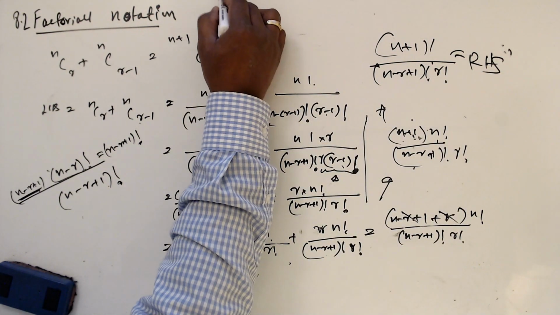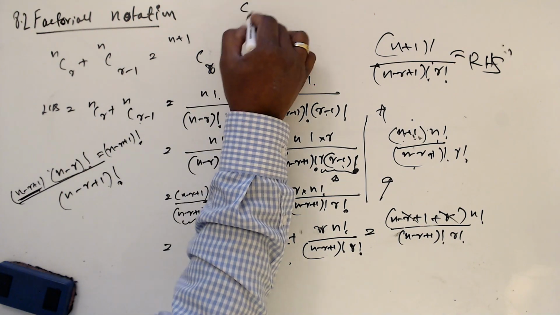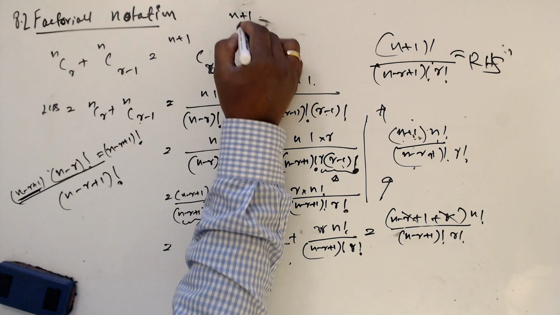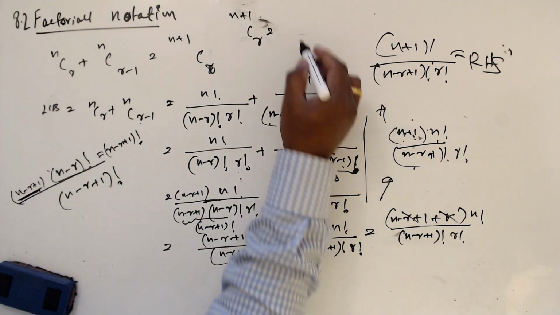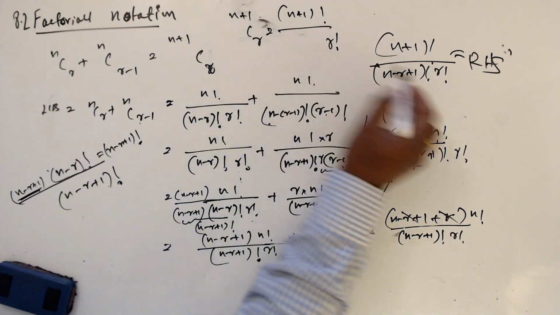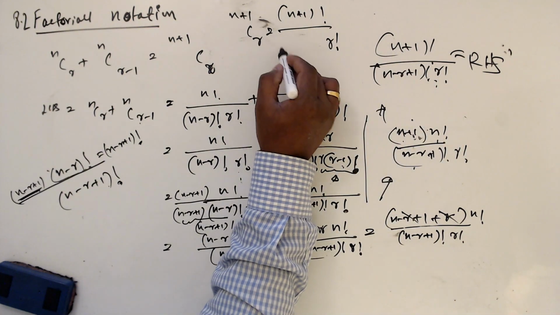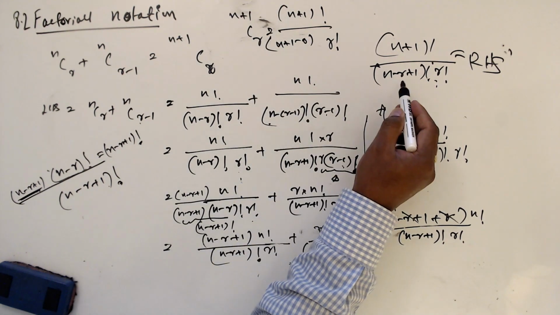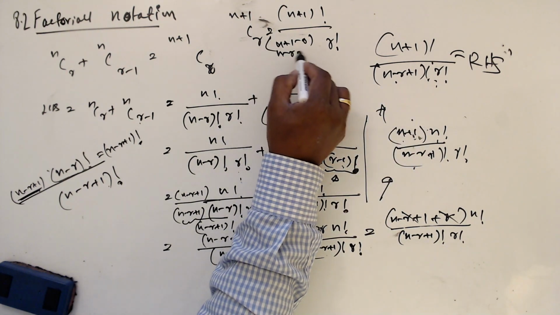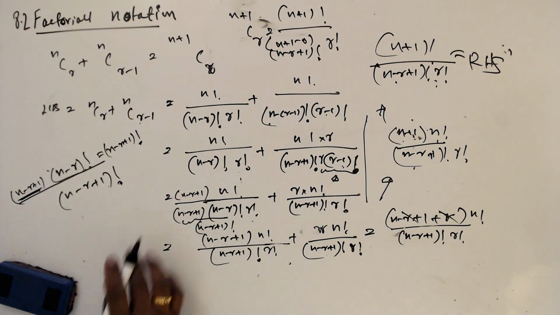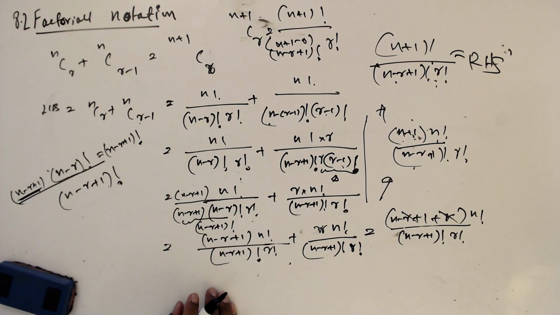See, how do you write (n plus 1)Cr? (n plus 1) factorial over r factorial, you have both, and this one, (n plus 1 minus r) factorial, that is the same thing, n minus r plus 1. Right.